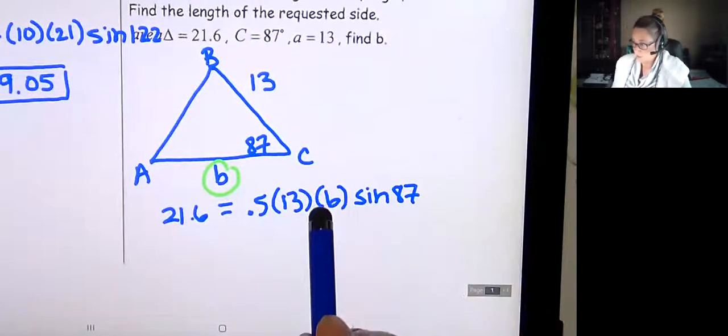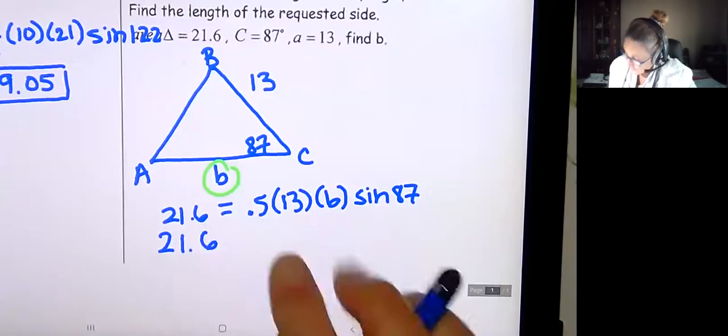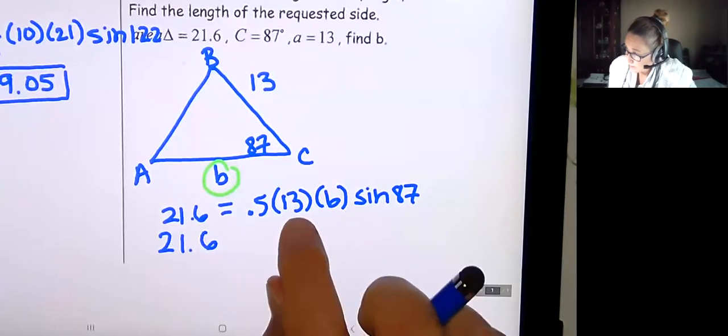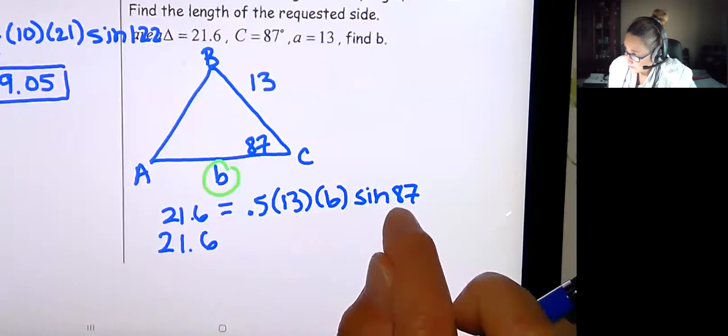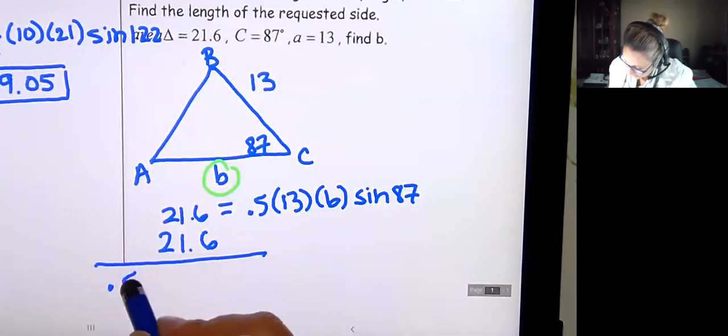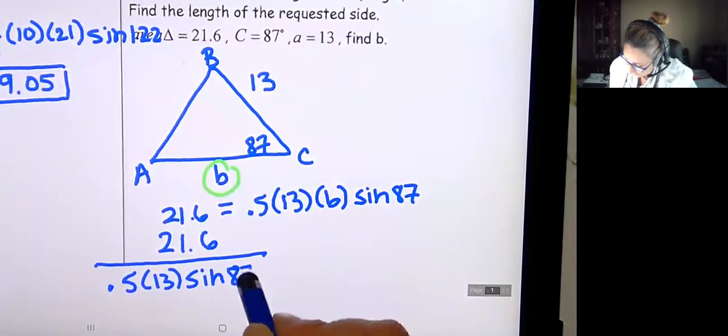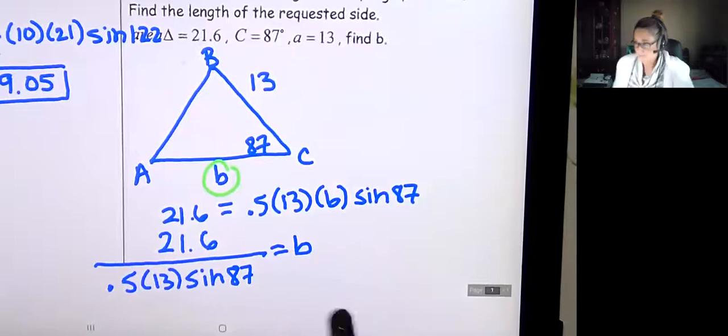Okay, so now I want to get my b by itself. So basically I'm going to have a 21.6. I'm going to be dividing by 0.5, 13, and sine of 87. So 0.5 times 13 times sine of 87 is going to equal b.